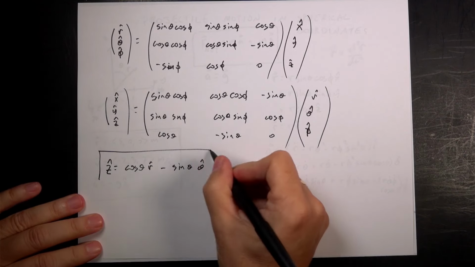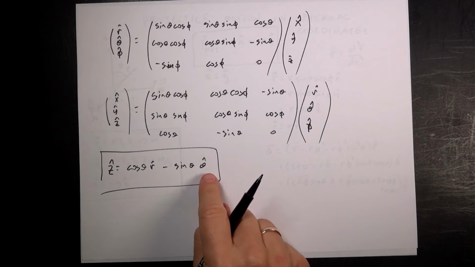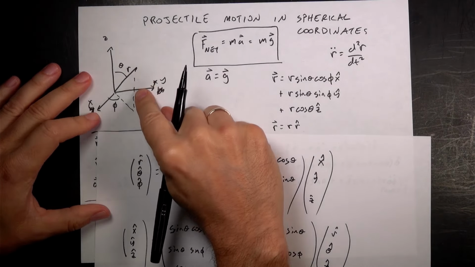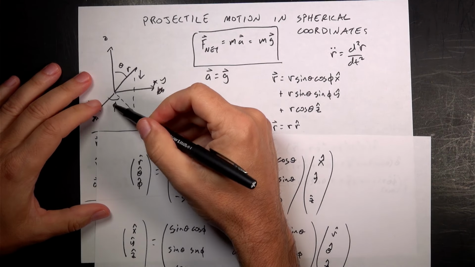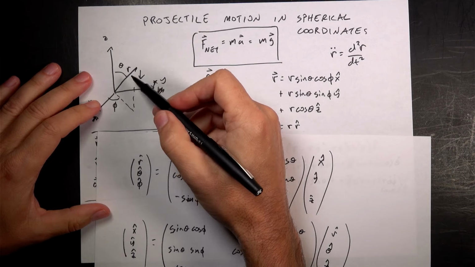And that's what I want. And you'll notice that it doesn't depend on phi. If I have gravity pointing down that way, it doesn't have a component in the phi hat direction no matter what. But it does have a component in the theta hat and r hat direction.